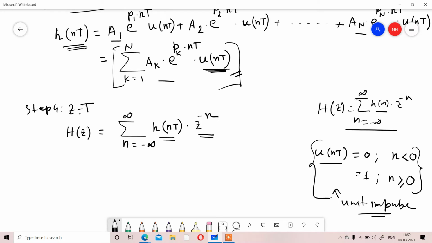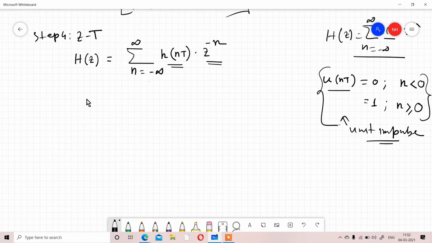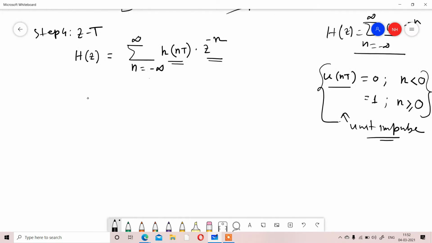For this case, if we consider n from minus infinity to minus 1, all the u(nT) values will be 0. So 0 multiplied by the values will be 0. So from minus infinity to minus 1, you will not get any value. So the summation will be valid only for n equal to 0 to plus infinity.